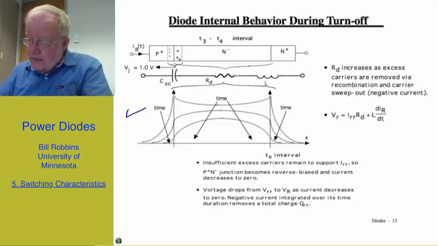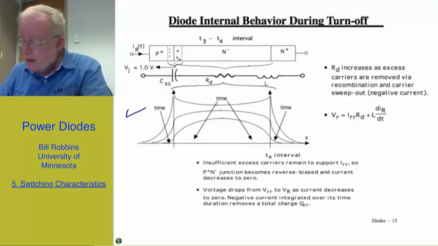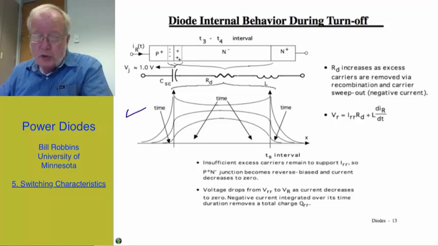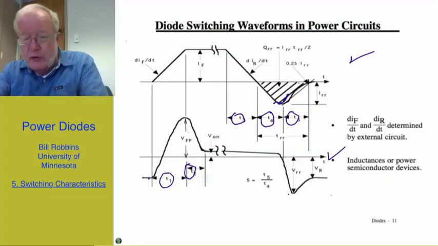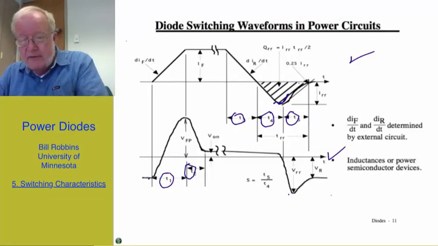Now, if I go back for a moment to the first picture, you'll notice in the interval T4 plus T5, I have defined the area under the current curve as Q sub RR.